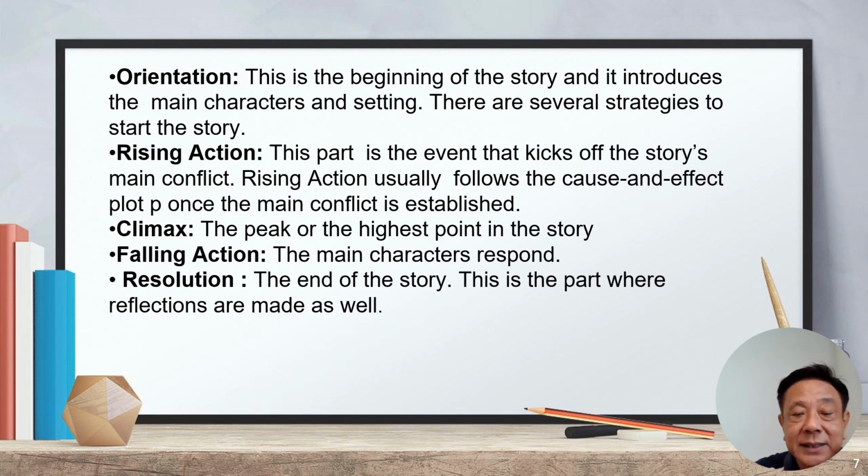Now the climax is the highest point in the story, and when that goes down is known as the falling action, where the main characters will respond and process the impact it has on them. And resolution is the end of the story, or what is known as a conclusion, where the reflection also takes place.